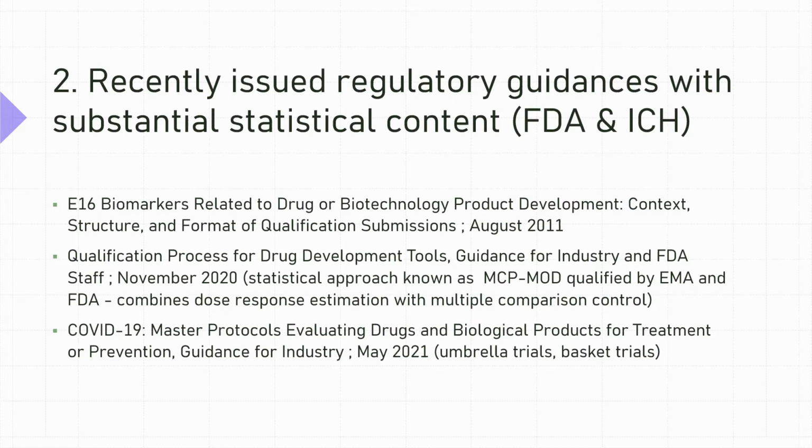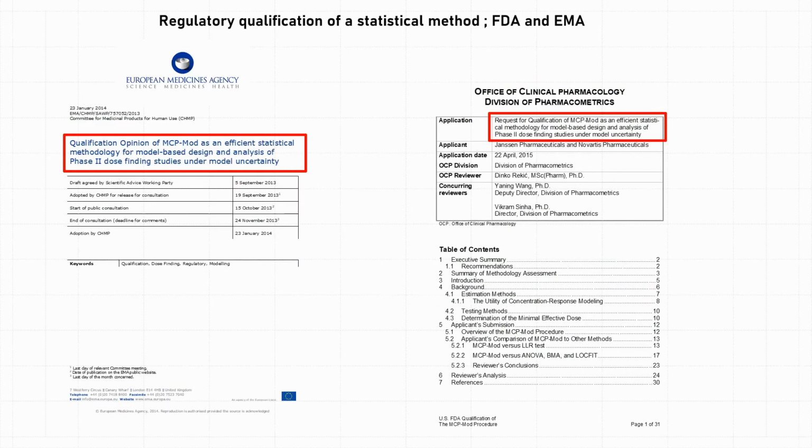This is, as we speak, the way many of the multiple treatments for COVID-19, not necessarily the vaccines, but treatments for COVID-19 are being evaluated in umbrella trials and basket trials. This is an example.